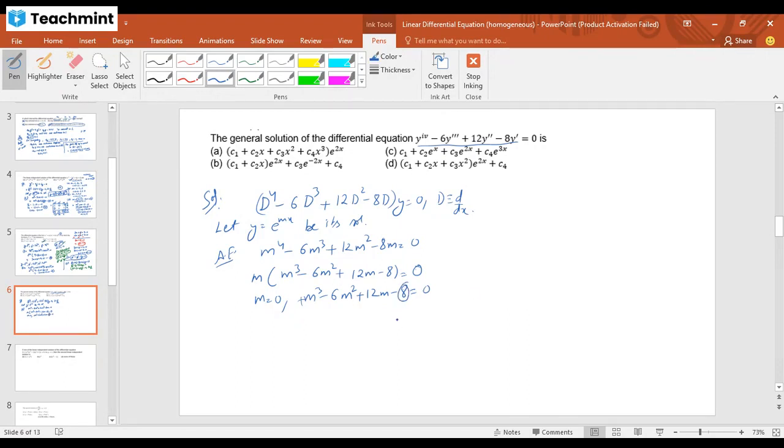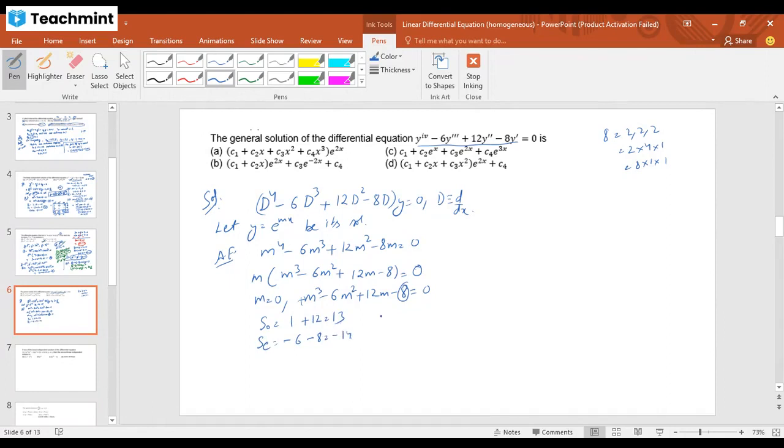So the possible factorizations of 8 will be either 2, 2, 2, or 2, 4, 1, or 8 into 1 into 1. Firstly, we'll check whether 1 is a root. For 1, the sum of odd power terms is 1 plus 12, which is 13, and the sum of even power terms is minus 6 minus 8, which is minus 14.